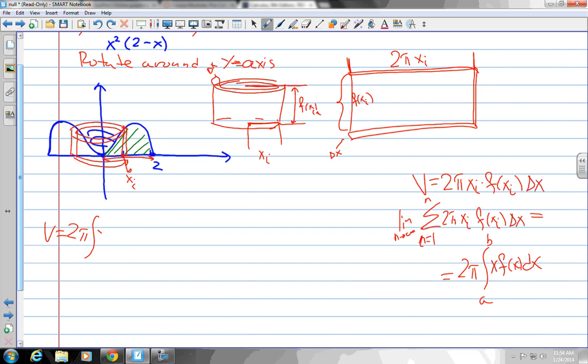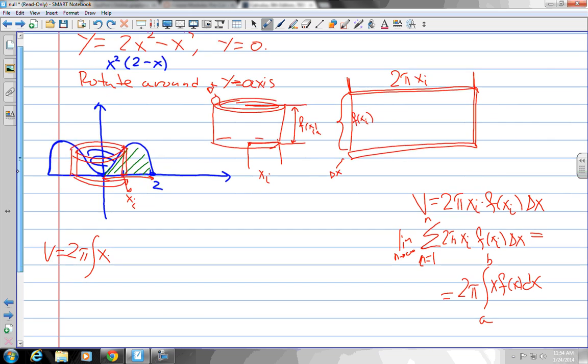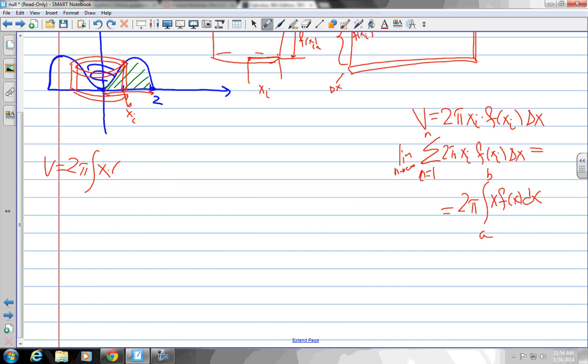So what's going on? The function was 2x squared minus x cubed dx, integrating from 0 to 2, so that'll give me the volume of that shape. I got 16 pi over 5.